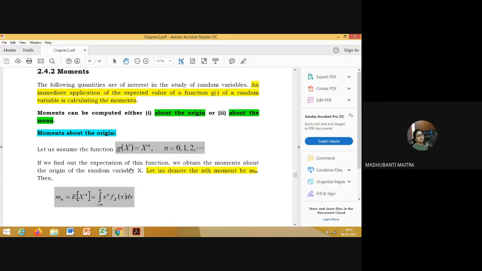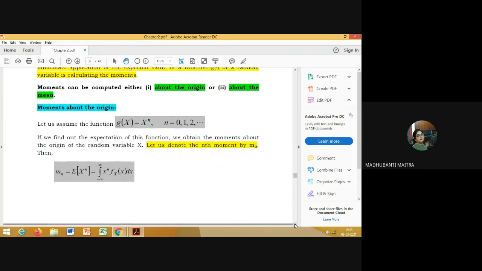So now we'll have to find out the expectation of this function. This is the generic form. The moments about the origin are typically denoted by the letter small m, whereas the moments about the mean are denoted with the notation mu. This is the typical convention. So m_n, that is the nth moment, will be the expectation of g(x), where g(x) is nothing but x to the power n.